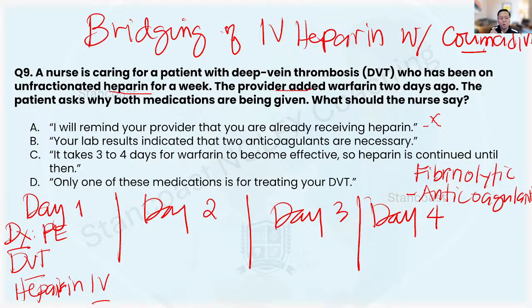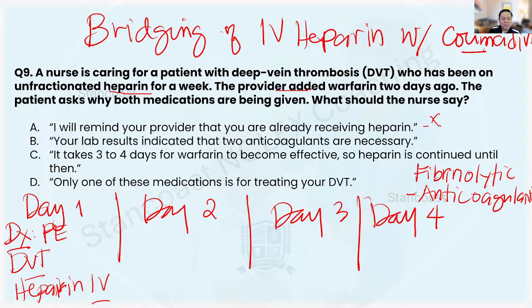The goal of the heparin therapy is basically to prevent the blood clot from growing. We don't want that. And so during the first day, we will be checking the patient's APTT to check for the therapeutic level to make sure that this is safe for the patient.